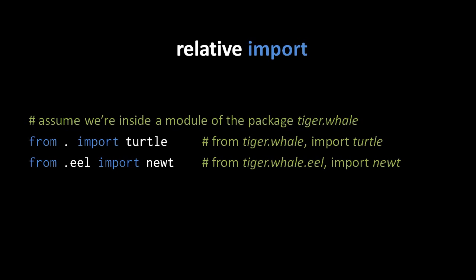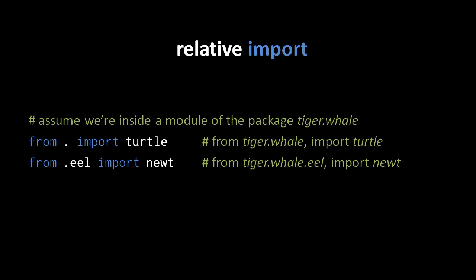So here, for example, assuming that we're inside a module of the package tiger.whale, well, if you see from . import turtle, that's saying in the package tiger.whale, import the module turtle. And then in the next line, if you see from .eel import newt, that's saying from tiger.whale.eel import newt.